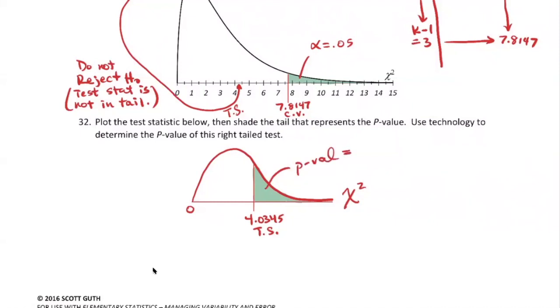Use technology to determine the p-value. Got it. Remember, its degrees of freedom is 3. Any questions?